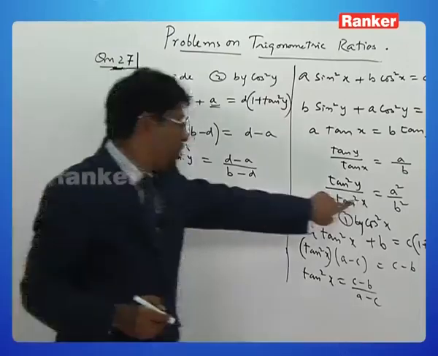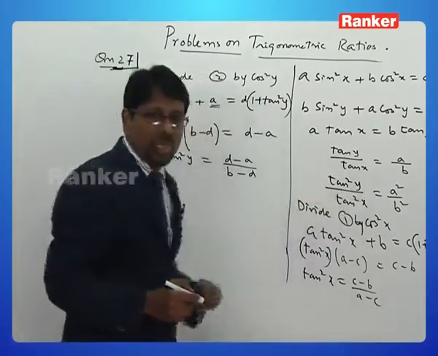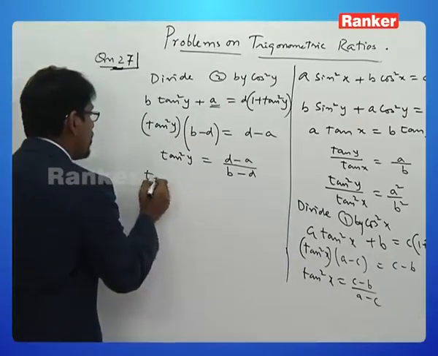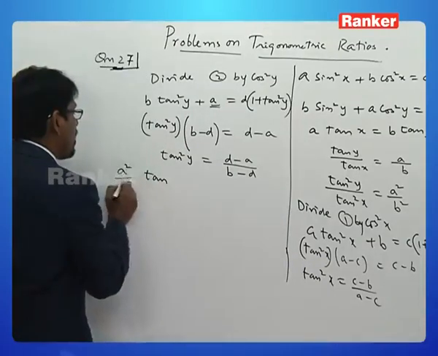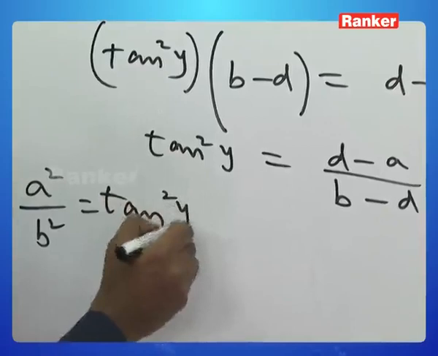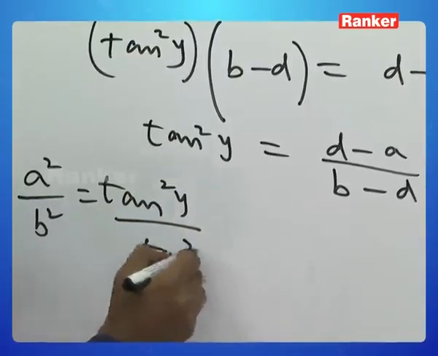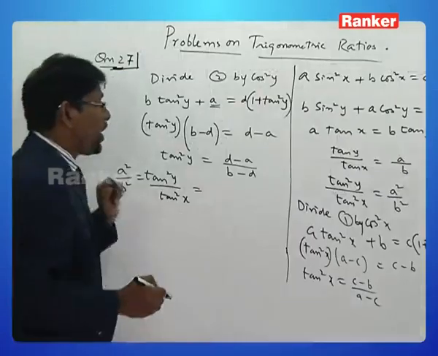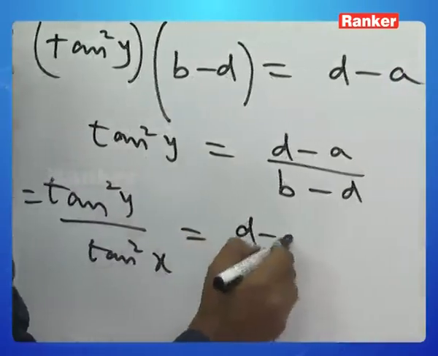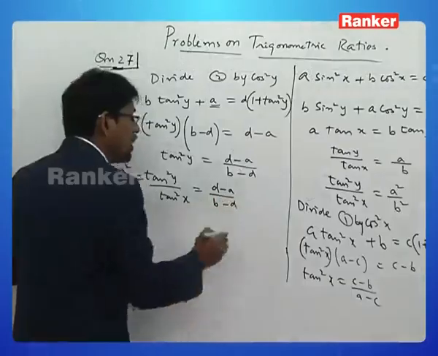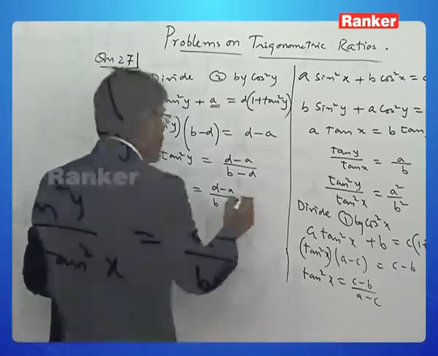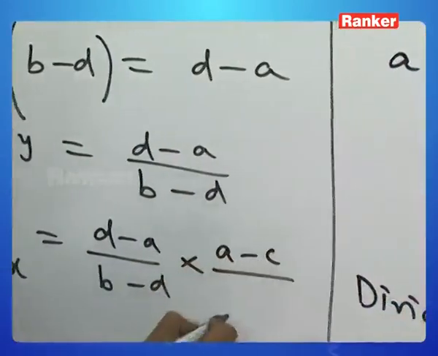Now what is our a square by b square? It is clearly tan square y by tan square x. And what is tan square y? We have found d minus a by b minus d. That divided by tan square x, so that makes it a minus c by c minus b.